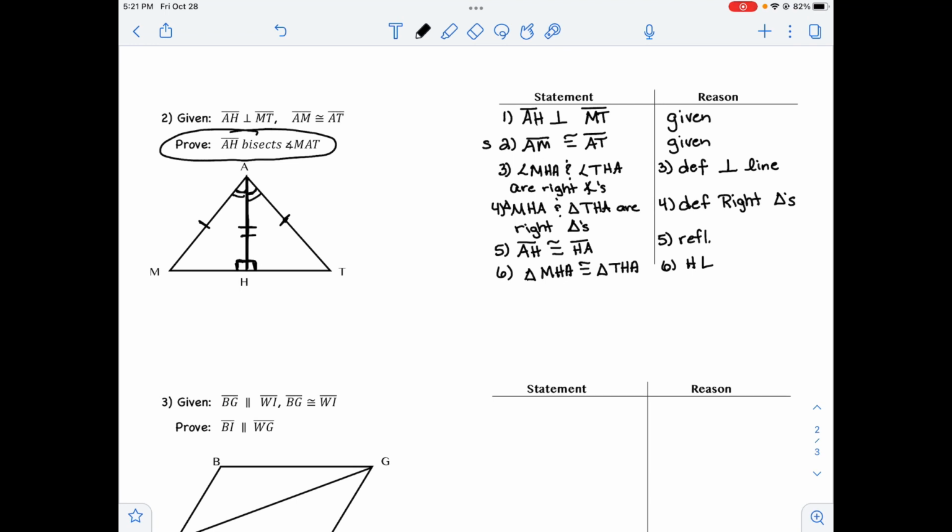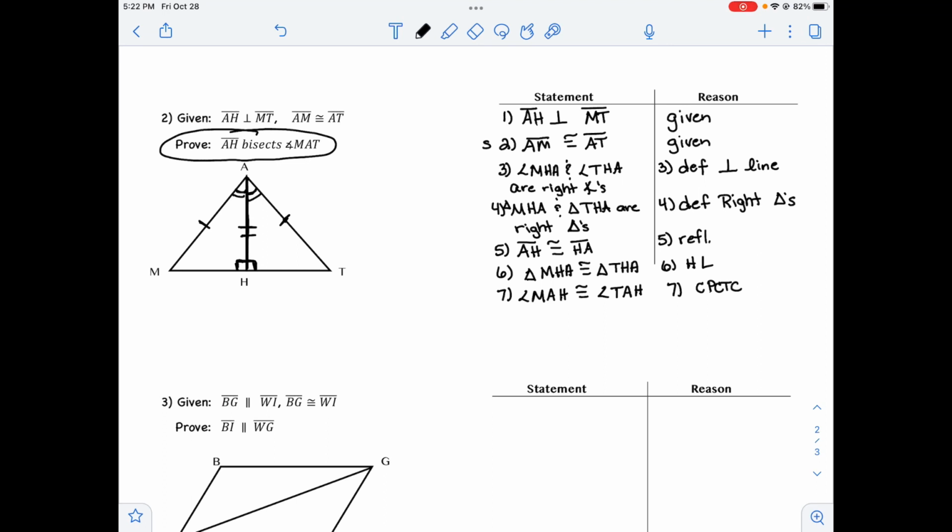We need to prove that they're congruent, and they would be congruent because corresponding parts of congruent triangles are congruent. So in step 7, we can say the angle MAH is congruent to angle TAH. Okay, and then we say the reason why is CPCTC.